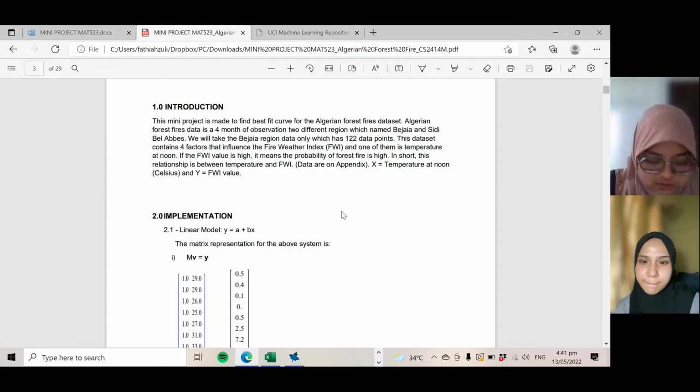We decided to investigate the relationship between temperature at noon and FWI value. So our X, the independent variable, is temperature at noon, and FWI value is our dependent variable.